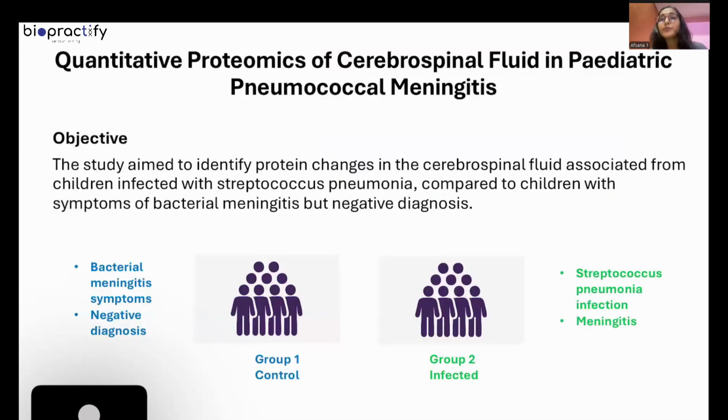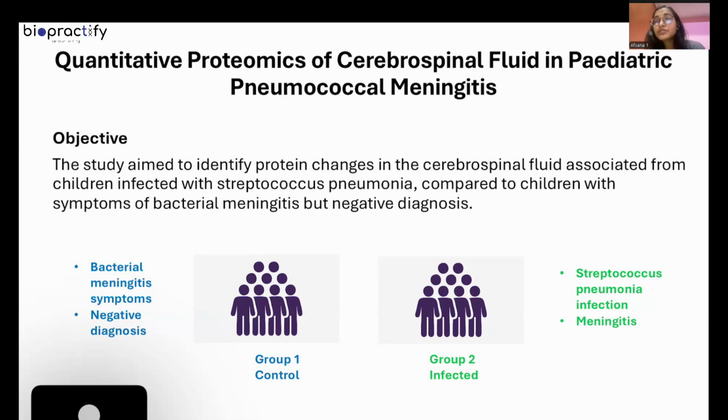I'll discuss the objective of the study. The aim of the study was to identify the protein changes in the proteins present in the cerebrospinal fluid of children suffering from meningitis due to Streptococcus pneumoniae.